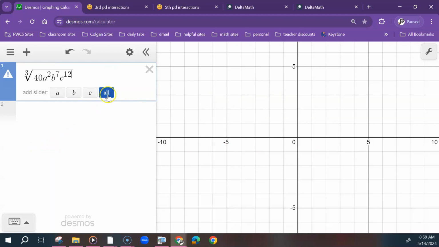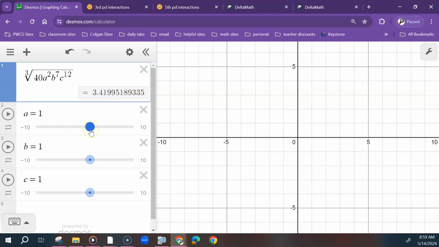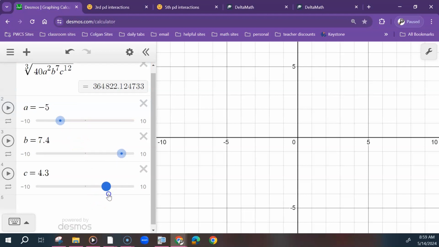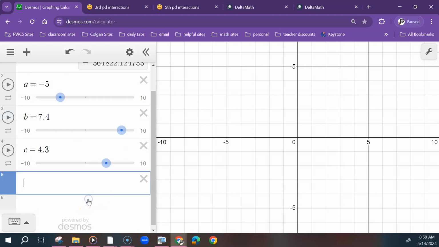Add in all your sliders, change them to something, actually it doesn't matter. For cube roots, you can make them positive or negative. Square roots, you can only make them positive. Or I should say if it has an even power, but just to avoid figuring that out, just make them positive.